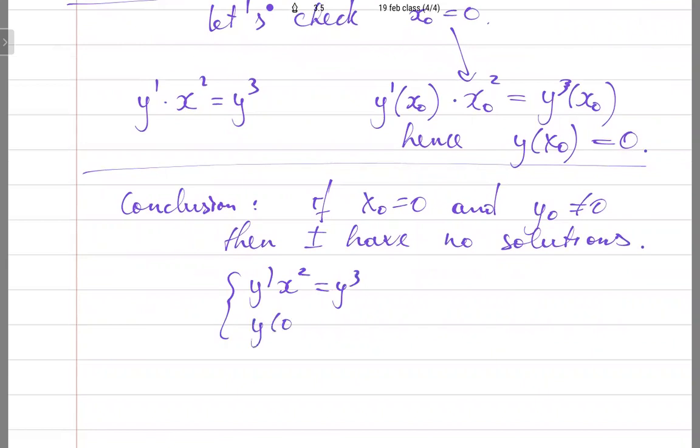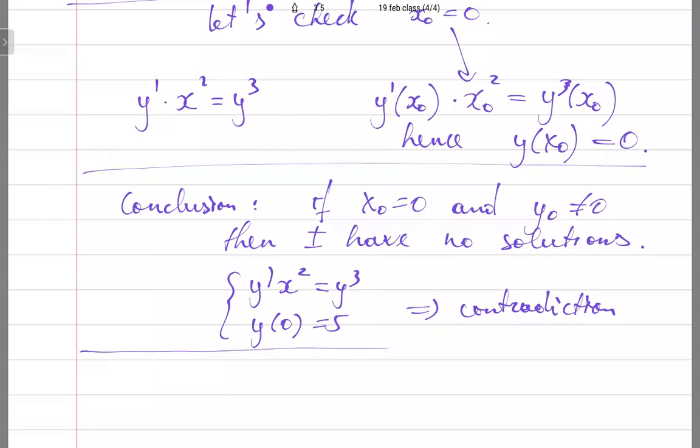If y of 0 is 5, the second equation contradicts the first one. The first one says that y prime multiplied by 0 should be equal to 0, and it cannot be equal to 5, obviously.